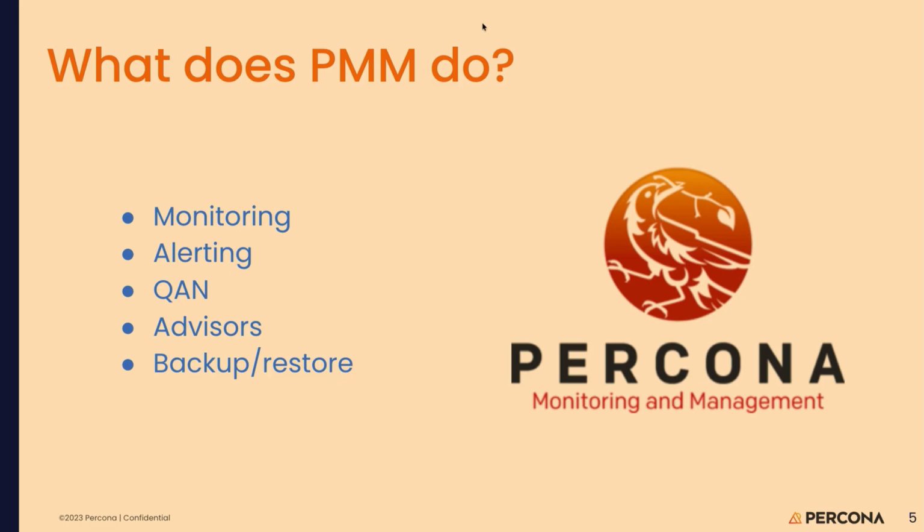Advisor is an expert in the box. It scans our databases and recommends best practices based on configurations, security, and queries. And backup and restore: backup is a tool to secure our data.